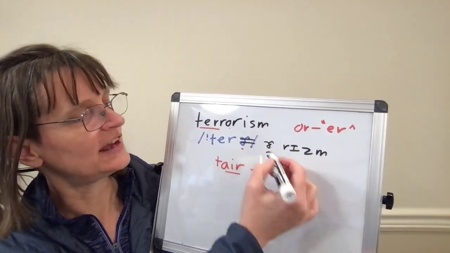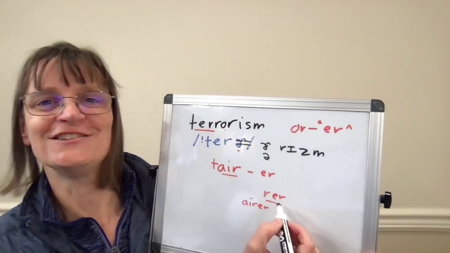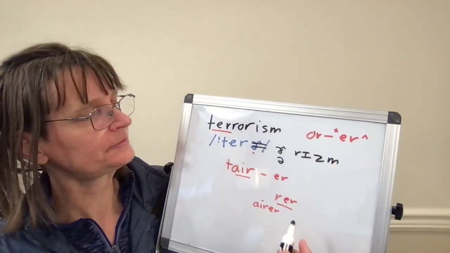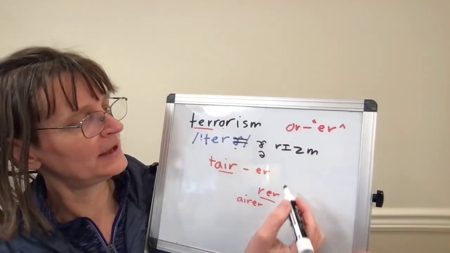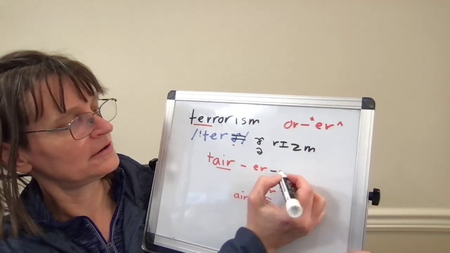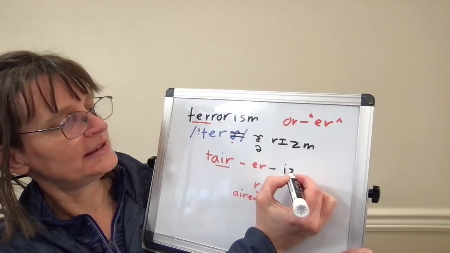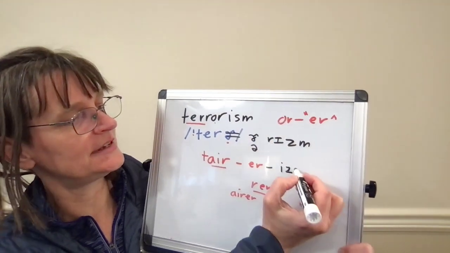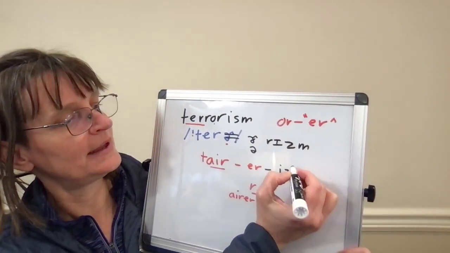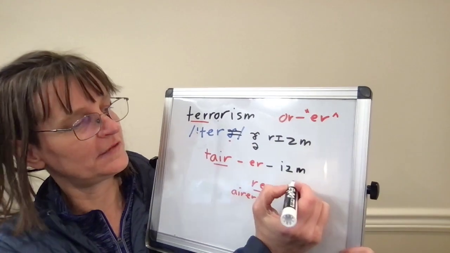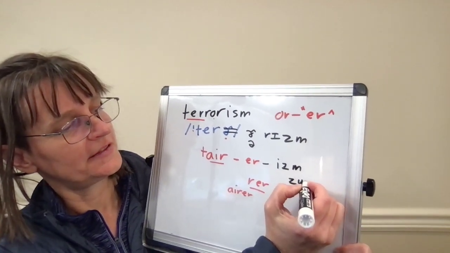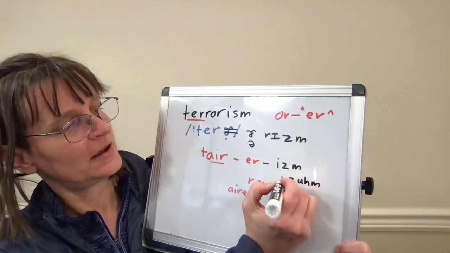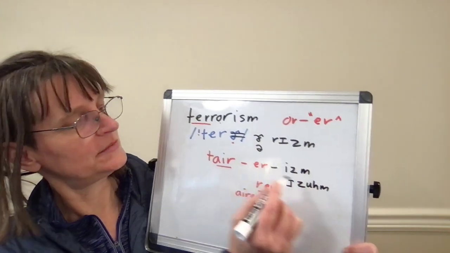But I think that that's kind of misleading because I think we still need to do the terror part. When we add the ism, we add terror. It's like the word is. We have the voiced Z sound for the letter S, ism, ism. You might even have a little bit of a schwa sound in there, ism. Just not too long of a syllable.